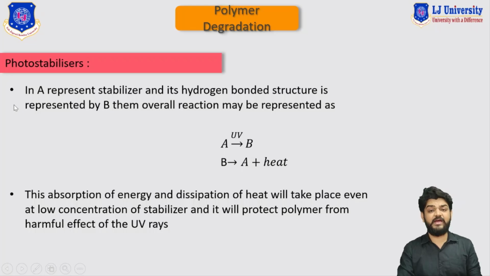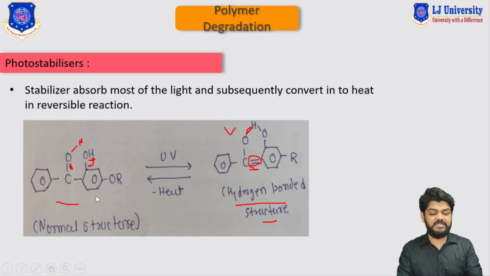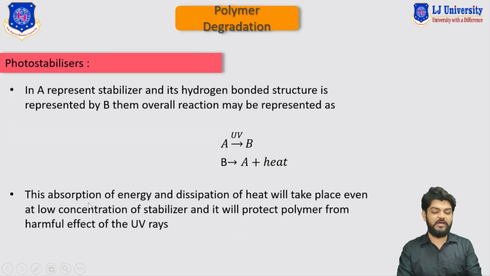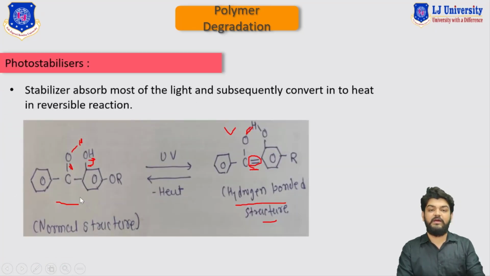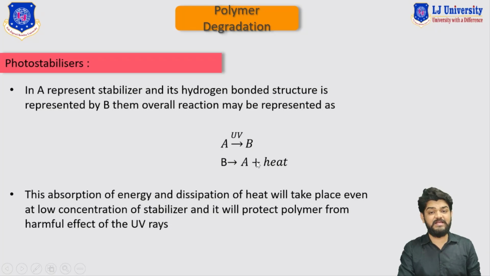Now let's understand this reversible reaction in much more detail. As you can see here, let's suppose A represents the stabilizer and B represents the hydrogen bond structure, right? So this is your A and this is your B. This overall chemical reaction can be represented in this form: A gives B in the presence of the ultraviolet rays, while B gives A plus heat energy, right?